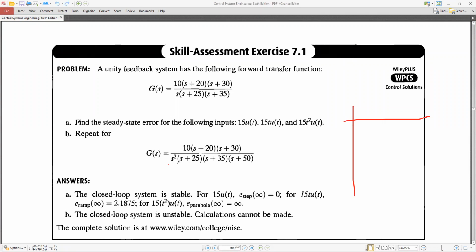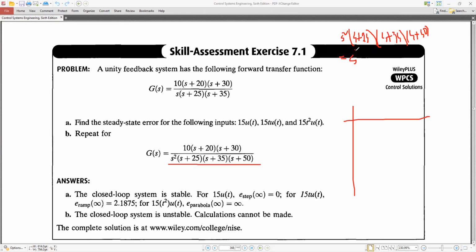First of all, you have to calculate this. So this is s square, s plus 25, s plus 35, s plus 50. So just do the calculation, one by one.